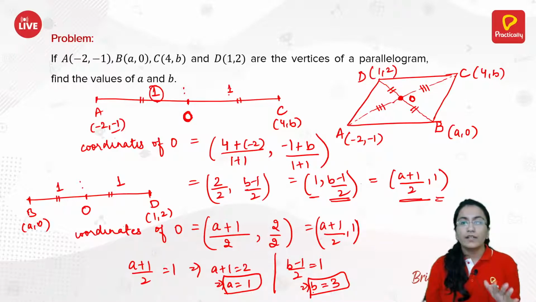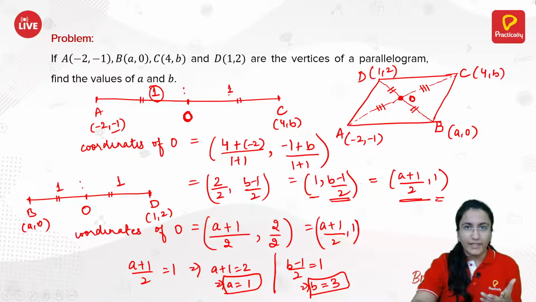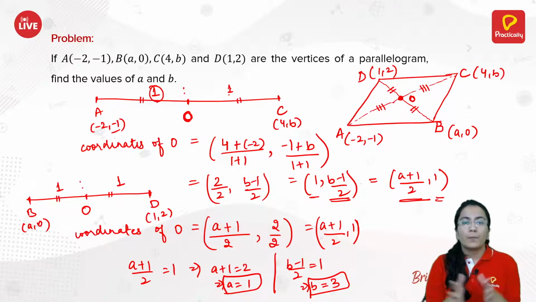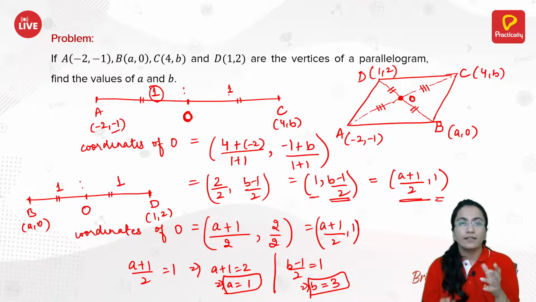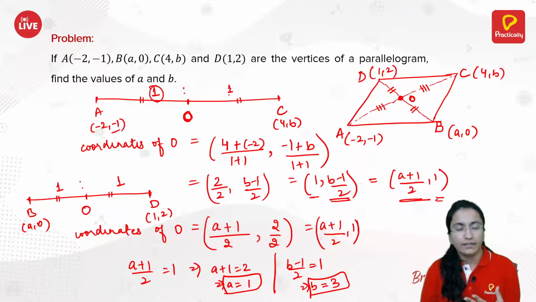What we did is recall our property for parallelograms. The property is that the point of intersection of the diagonals is the point of bisection of the diagonals, right? Based on that property, we applied the section formula, which we have just learned, because we know the ratio. If a point bisects a line segment, it divides it in the ratio 1:1.